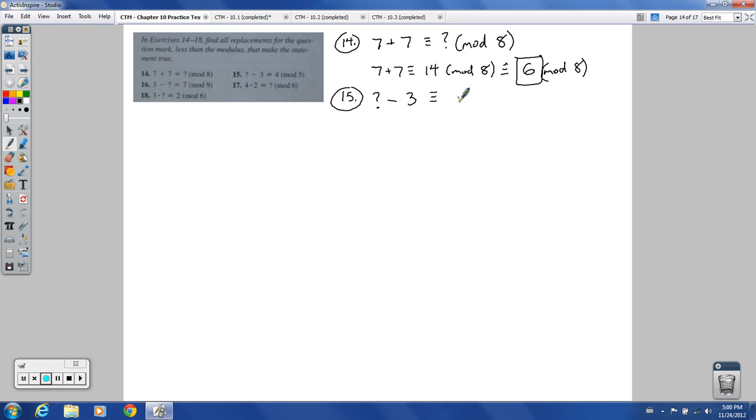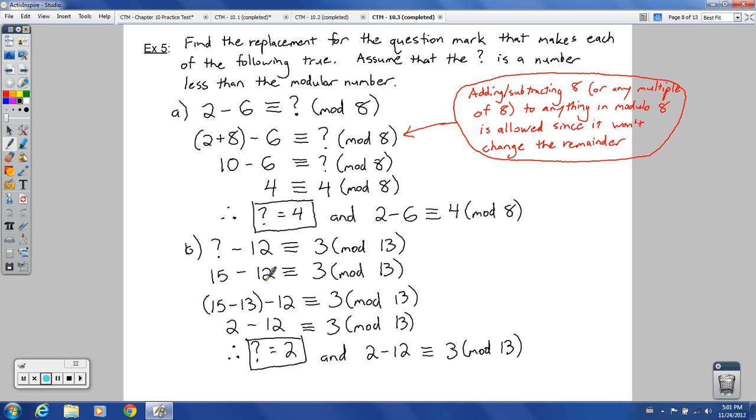What can go in the blank here? It's a number that's less than the modulus. You might say at first, and correctly, 7 minus 3 would be the case there, but remember this number has to be less than the 5 itself. From 10.3 I pulled up one similar to that.